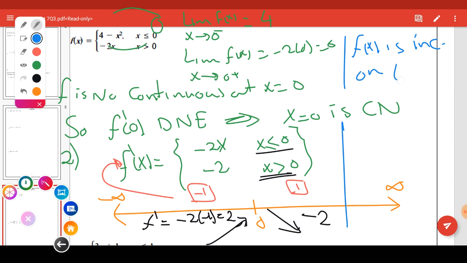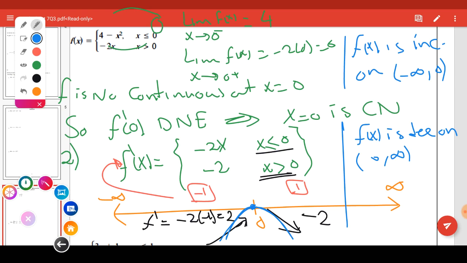So easy: negative infinity to 0. f(x) is decreasing on which interval? 0 to infinity. Since the behavior of the function changes from increasing to decreasing, it has a relative maximum. Why do we say relative, not absolute? Because I'm talking about the extrema on an open interval.